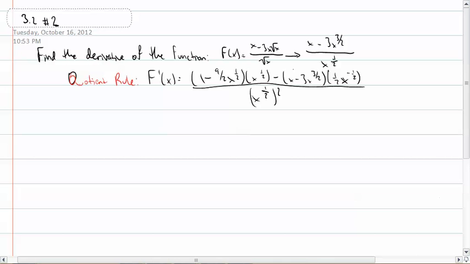And if you continue on from there, you end up getting x to the 1 half minus 9 over 2 x minus 1 half x to the 1 half plus 3 over 2 x, all over x. That should be up there too, I don't know why it stayed down here.